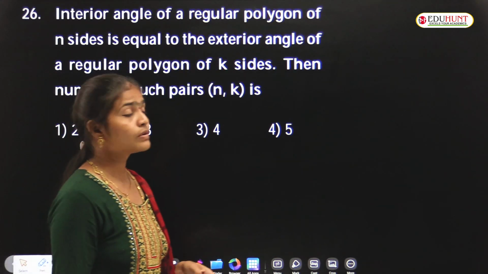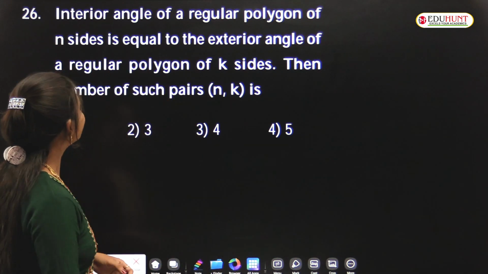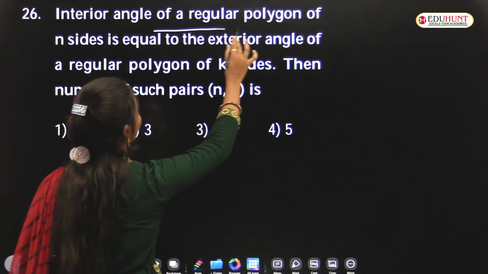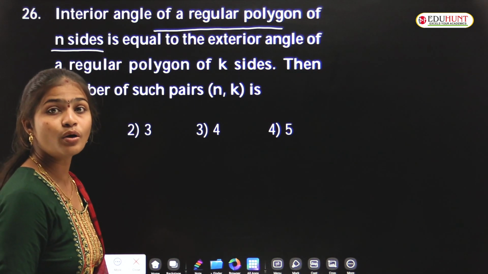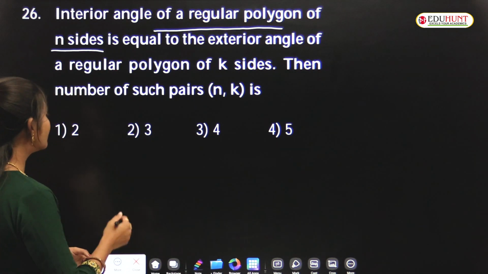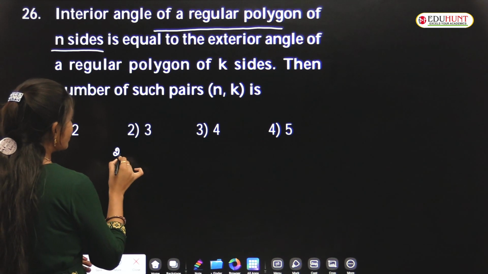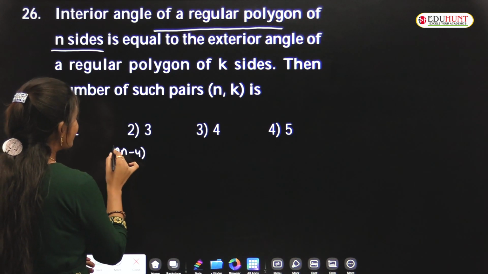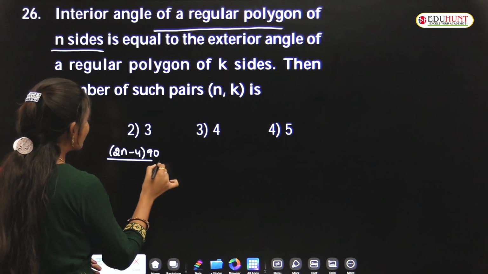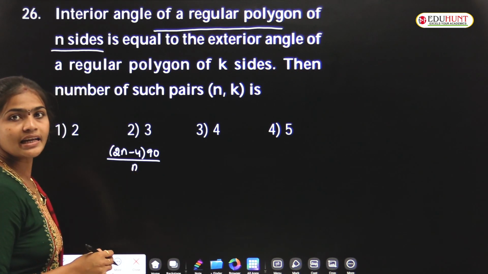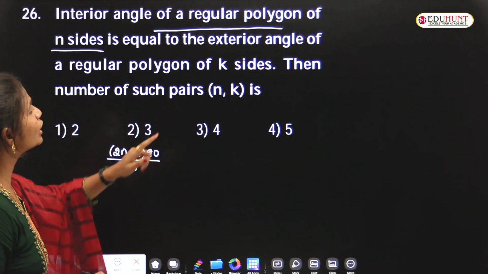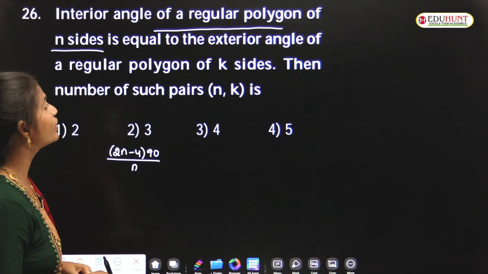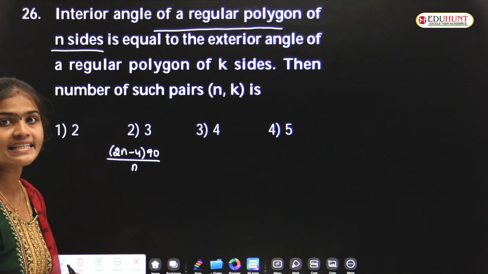Now see this question. Interior angle of a regular polygon of n sides: (2n minus 4) into 90 degrees whole by n. Each interior angle of a regular polygon with n sides is equal to the exterior angle of a regular polygon of k sides.